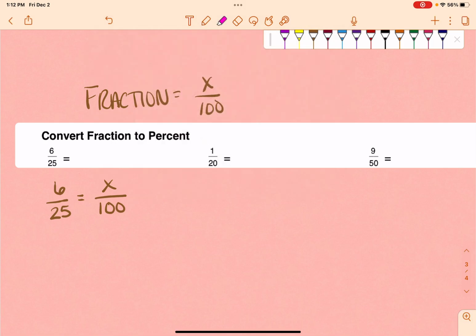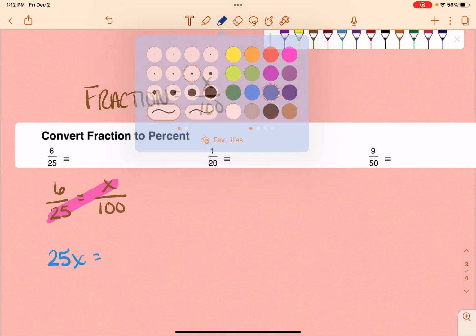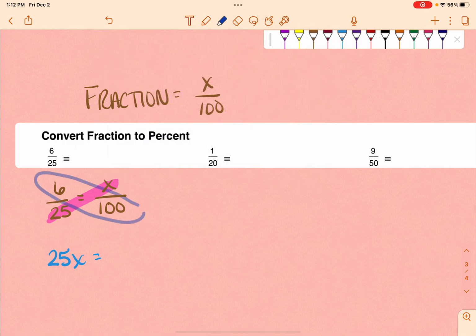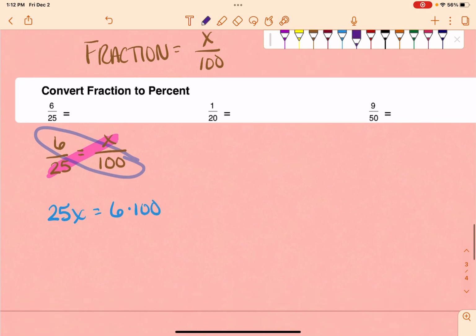And then we're just going to use the skills we did when we went through and solved proportions before. So we want to find the first way that we can cross multiply with the variable. So 25x. And then we're going to get the other pair here. So 6 times 100. And we know if we take this 6 times 100 and put it in our calculator, that's going to give us 600.